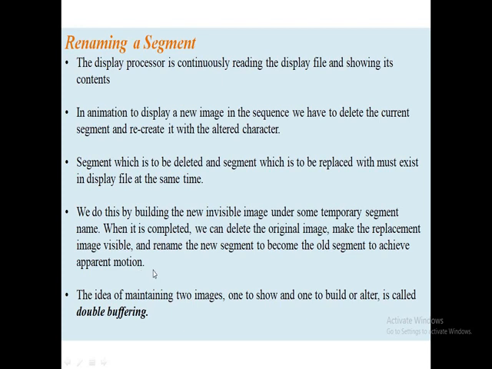So we create a temporary segment, and then we copy things from the original image to the temporary segment, and once it is ready, we rename the temporary segment with the old original segment name. The idea of maintaining two images like this is called double buffering. We may have multiple buffers in our graphics systems, no problem.